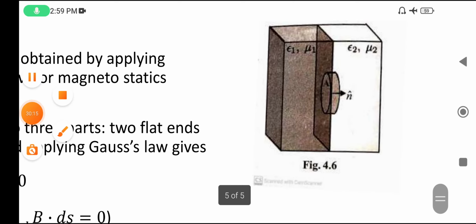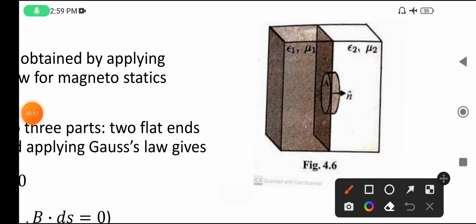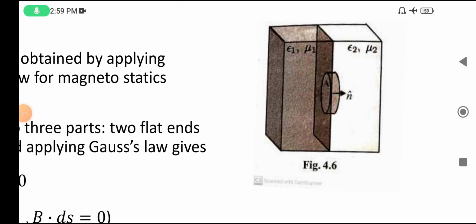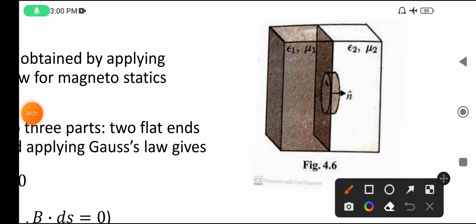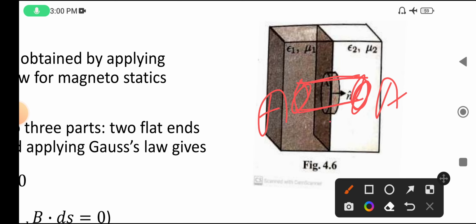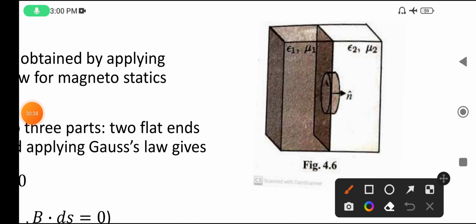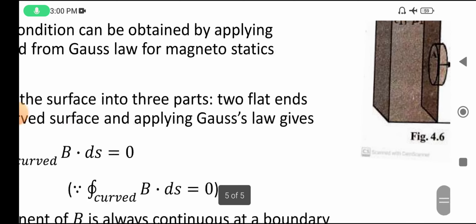Okay, area is there. And when we compress this pillbox, actually at the beginning we have to take the pillbox very big in size, so this much, and this side area is A, this side area is A, and this curved surface area is also A. But when we compress the two ends, then it becomes only this small, then the curved surface area is 0, but this side area and this side area remain constant.